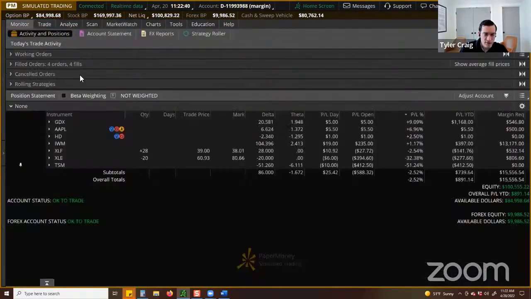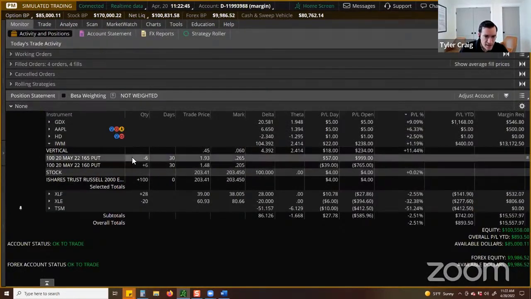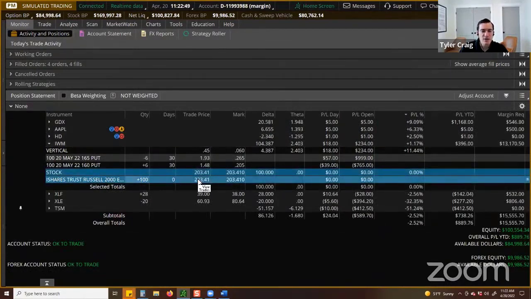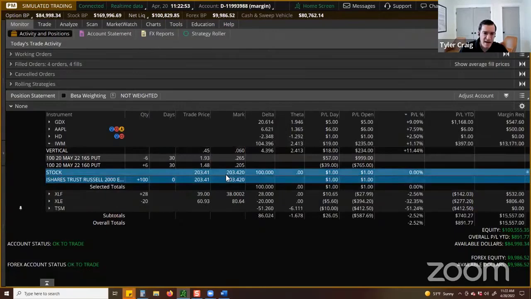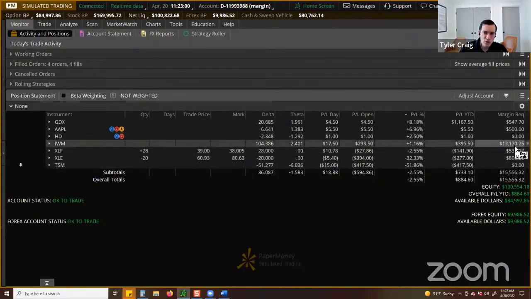All right, I bought 100 shares. Okay, here's IWM. I should have picked one I didn't have other positions on. At any rate, I've got 100 shares of IWM. What is the buying power effect? Well, it's about half of what I paid, half of the value of the stock. And so for stock, it shows up that there is margin required for that trade.